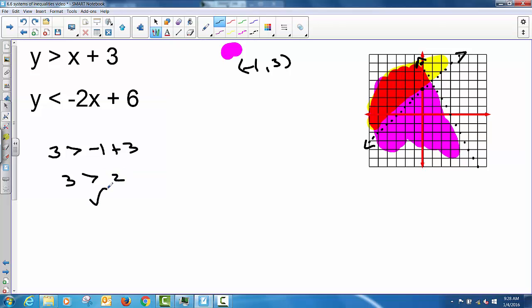True statement. 3, which is the y, is less than negative 2 times negative 1 plus 6. 3 is less than 2 plus 6. 3 is less than 8. True statement. See, so anything that you pull from over there in the red area will give you a correct statement if you plug it into the inequalities.